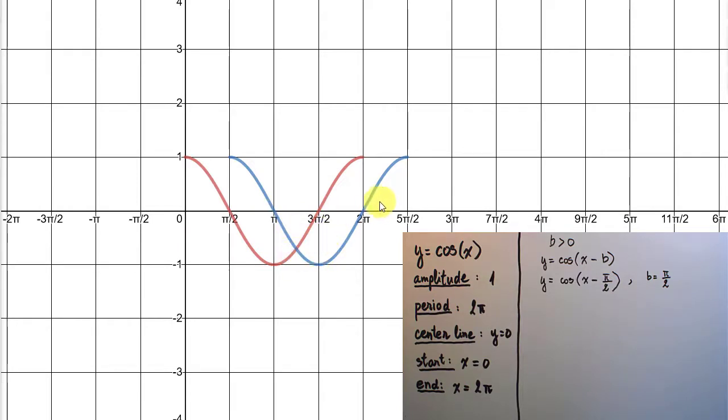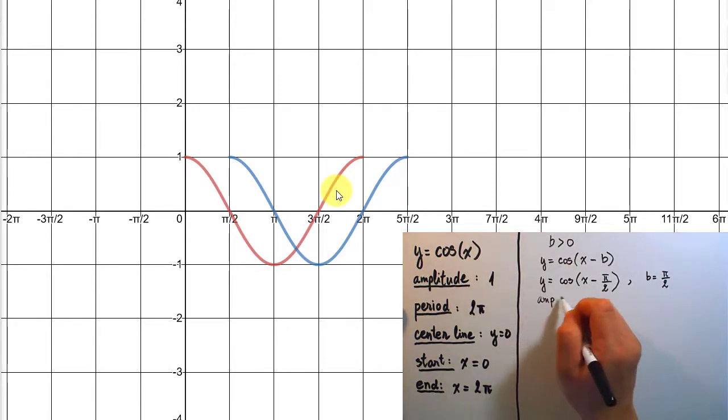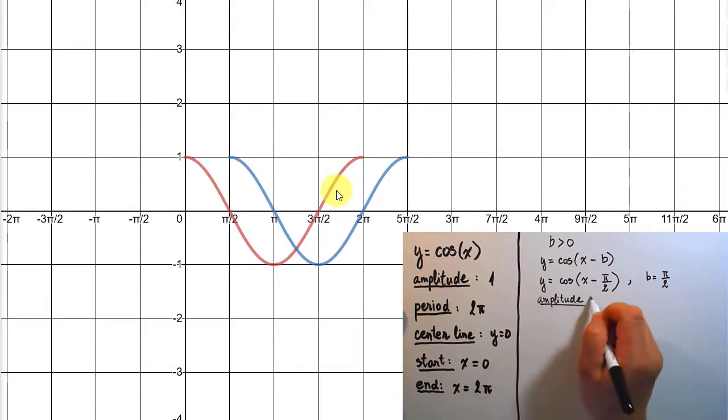And so the wave height from the center line: this blue graph reaches down as far as -1 and reaches up vertically as far as +1. So the amplitude remains exactly the same as our original cosine of x function. So now we can list down that the amplitude of this blue graph is 1.